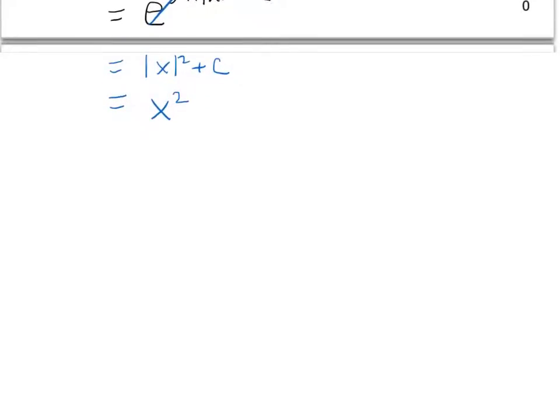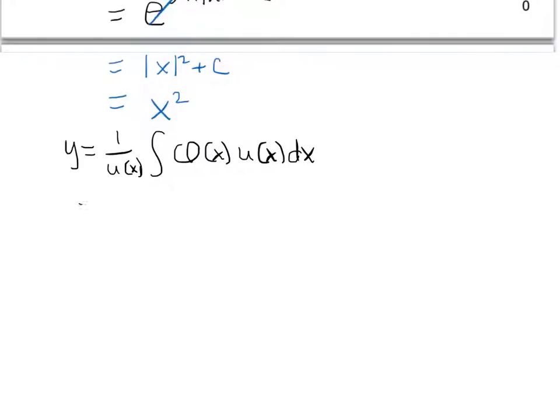Now, to find my general solution, I'm going to use the equation that was given to me before, which was y equals 1 divided by u of x times the integral of q of x times u of x dx.